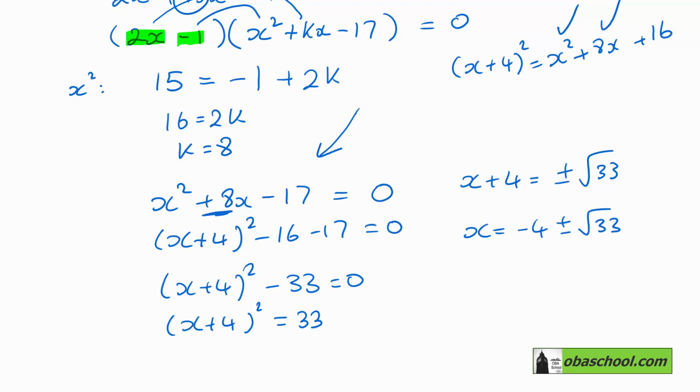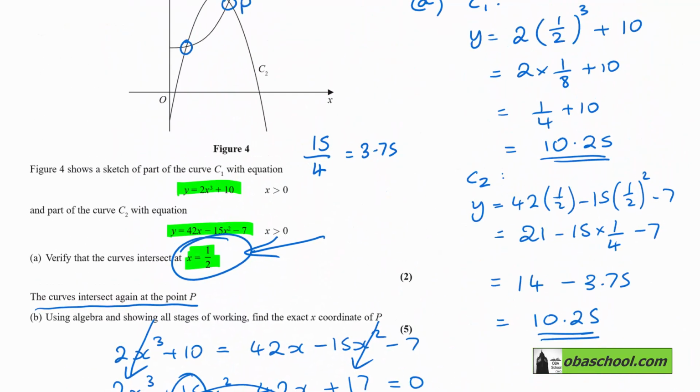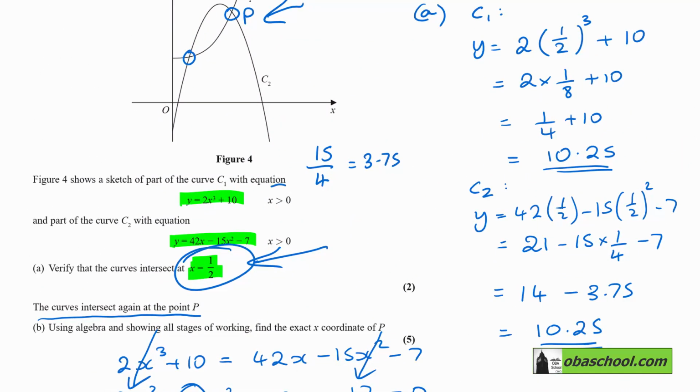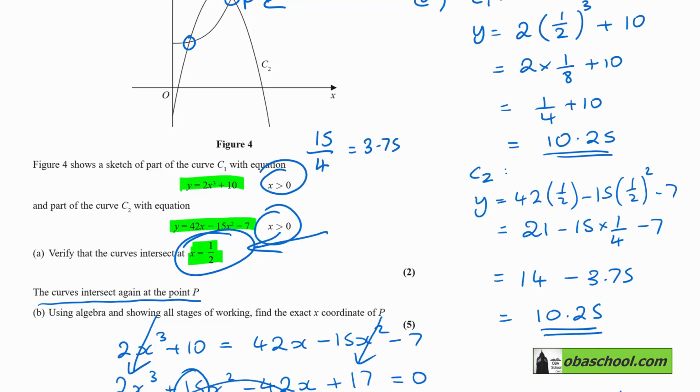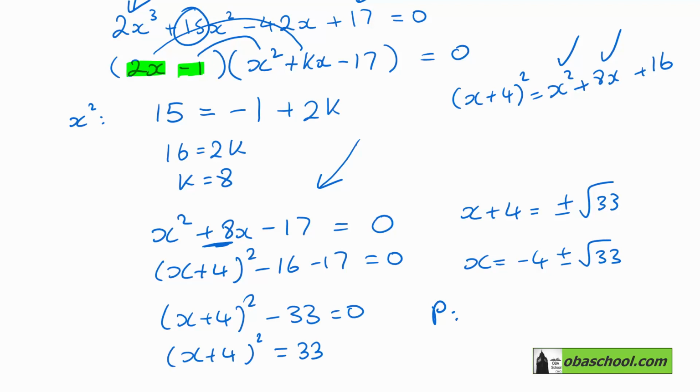Now, one of those answers will be positive and the other negative. And think about where that intersection is and the fact that we were told that x is positive. And so we can say for P, the x-coordinate would be negative 4 plus root 33.